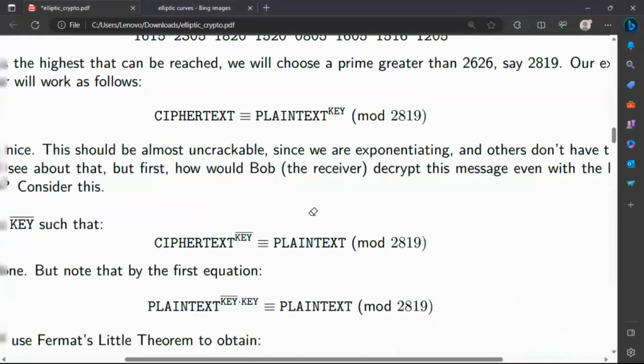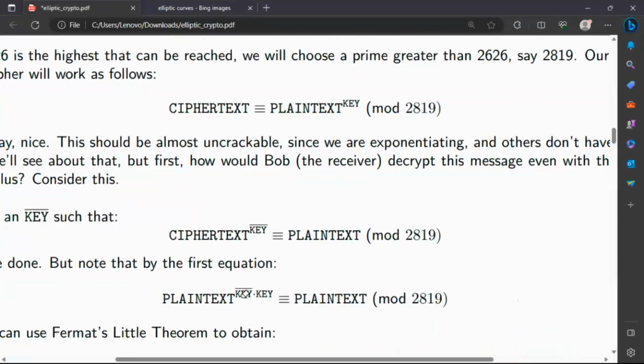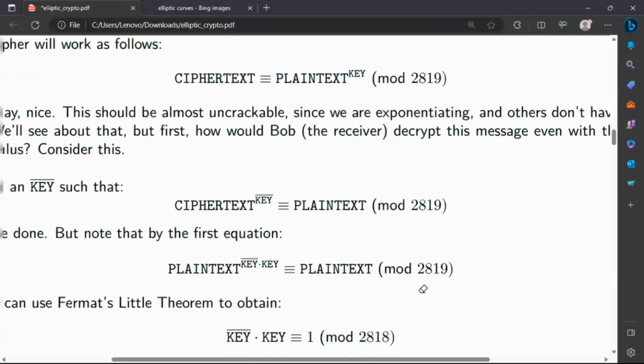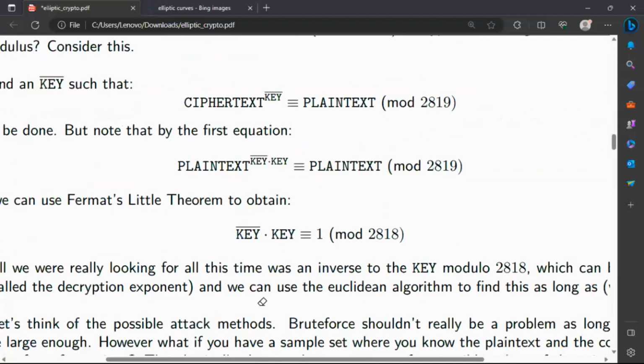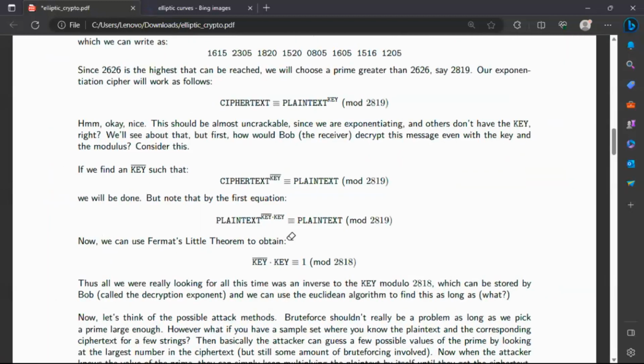So this basically implies that key bar into key is 1 modulo 2818. Why? Because 2819 is a prime, and by Fermat's little theorem, key bar into key should be 1 modulo p minus 1, which in this case is 2819 minus 1. So key bar is basically an inverse to key modulo 2818.